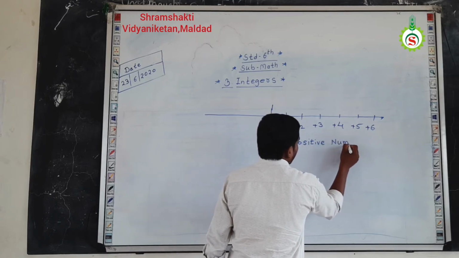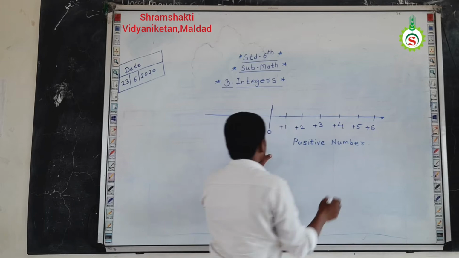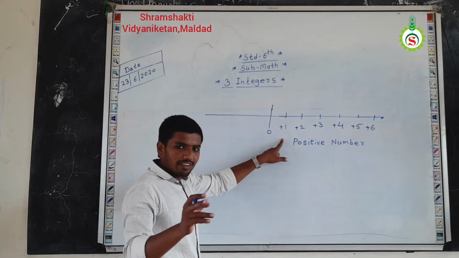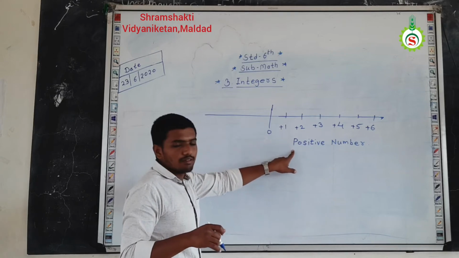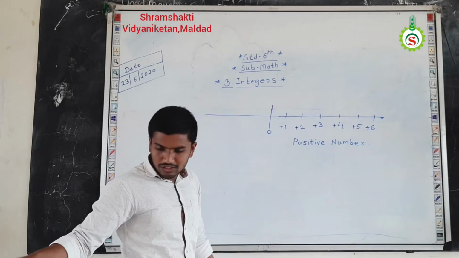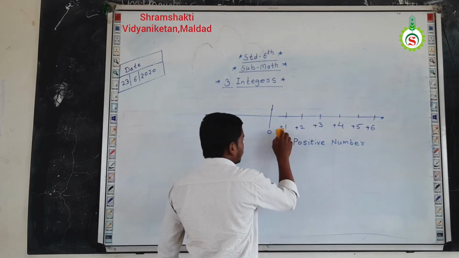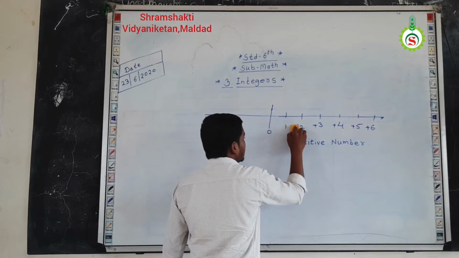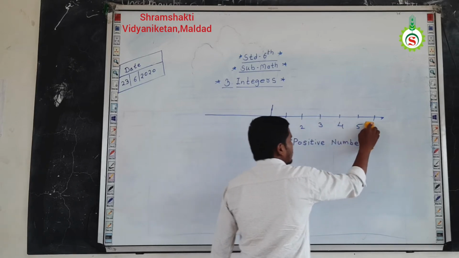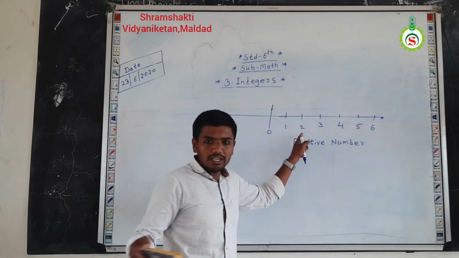Positive numbers mean the numbers which are above the 0 or the numbers which have a plus sign. So positive numbers have which sign? Plus sign. Or simply, if I am not giving any sign to the number, that means that number is positive.